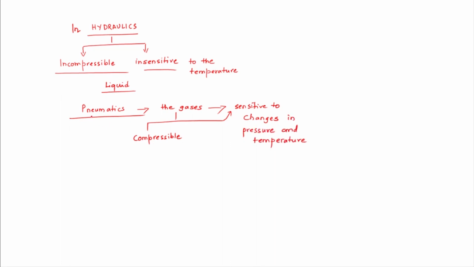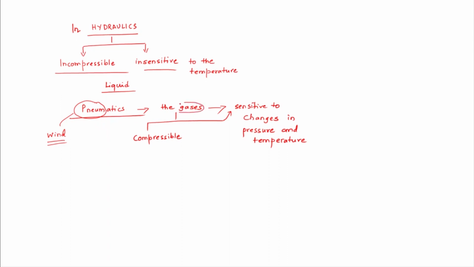The systems which are using the pneuma, which in Greek is called the wind. The branch of engineering which is dealing with the wind energy or the wind and the associated applications of the wind or the breath, that is called as the pneumatics.